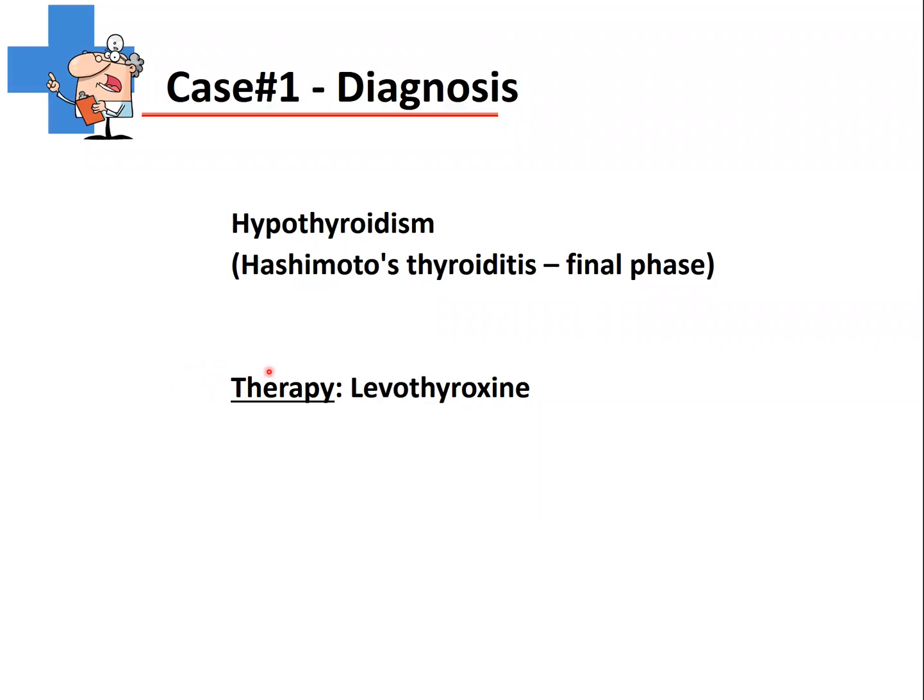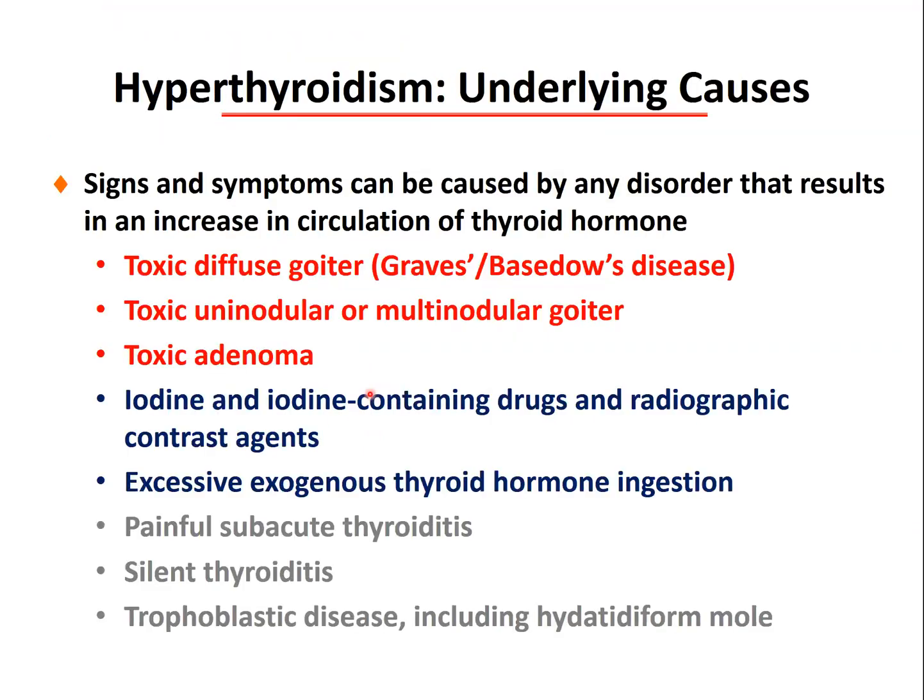Later on, the middle stage can be normal function, when we have already destroyed a certain number of the thyroid cells, but they still have enough cells to produce thyroxine. Finally, when the whole thyroid gland is destroyed, that is the final, hypothyroid phase.